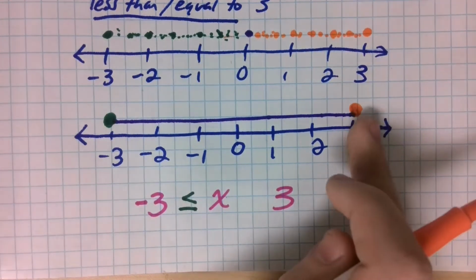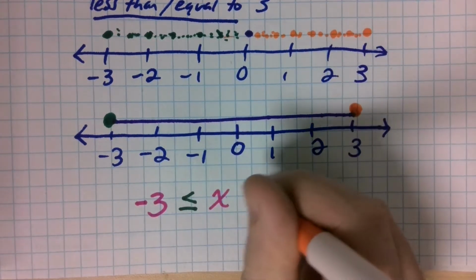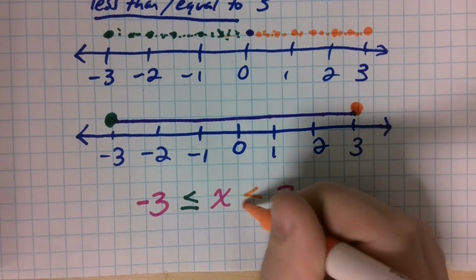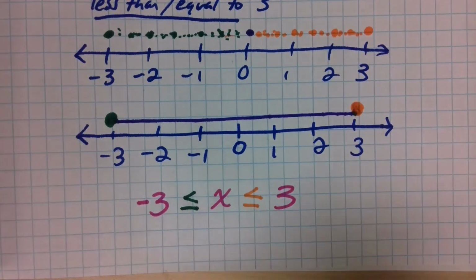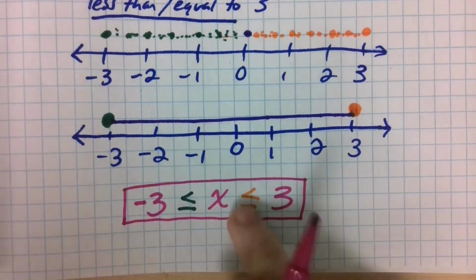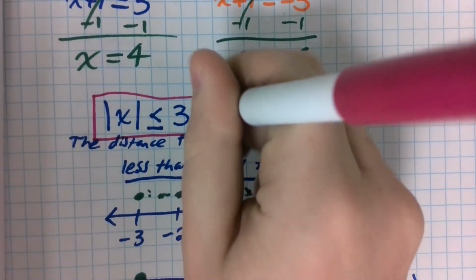Well, 3 is all the way to the right, and x is this line here. 3 is the bigger part. So our alligator is going to chomp down on the 3, and again, it's a closed circle, so we could say it's equal to. This is the compound inequality that's the exact same as this absolute value inequality.